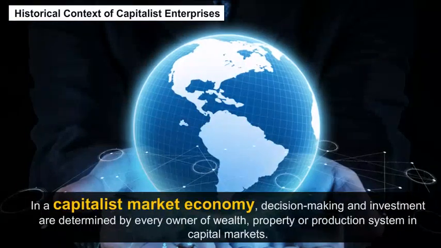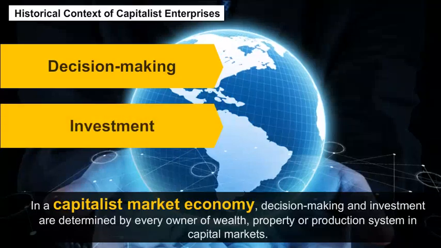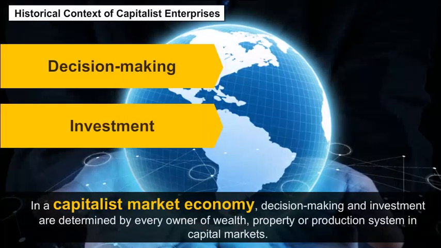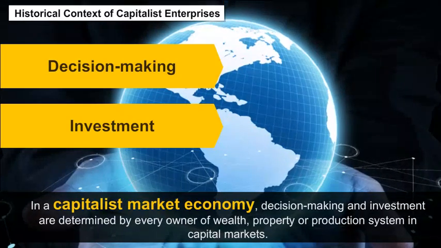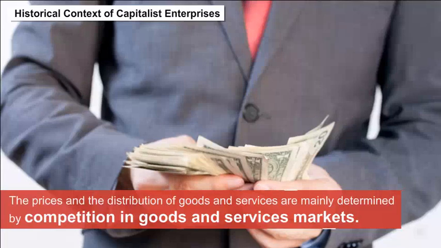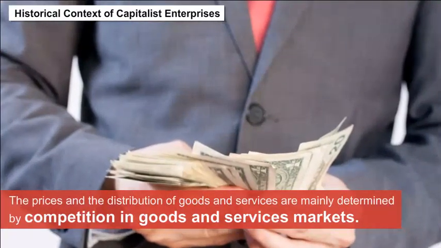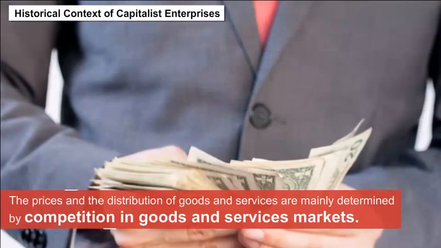In a capitalist market economy, decision-making and investment are determined by every owner of wealth, property, or production system in capital markets, whereas the prices and the distribution of goods and services are mainly determined by competition in goods and services markets.